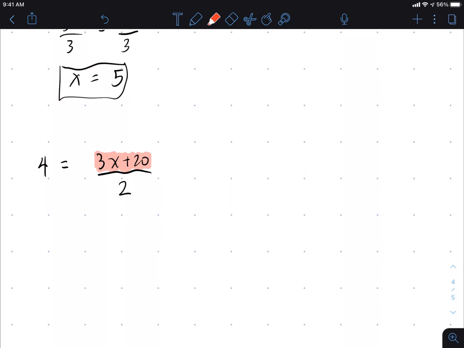Check this out. The red highlighted piece represents a number, correct? That makes sense to everybody? The red piece is just a number. Okay, good. So what number divided by 2 is 4? 2.